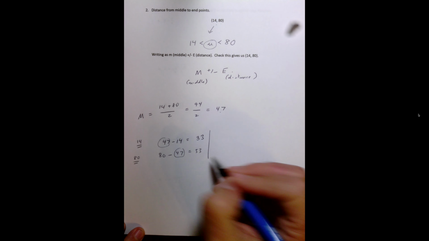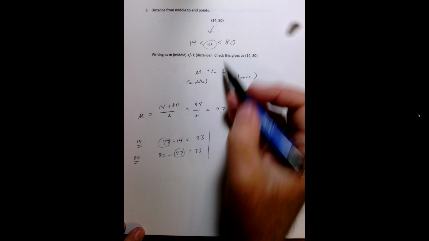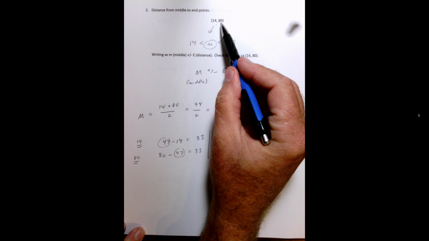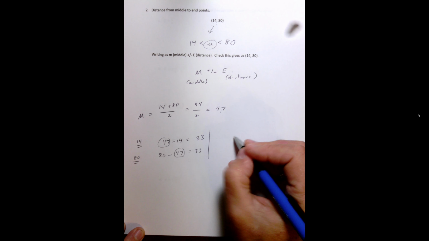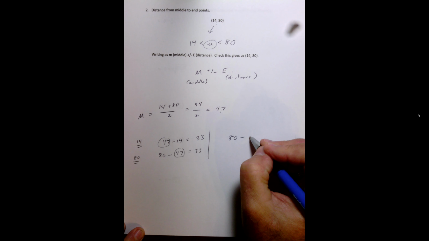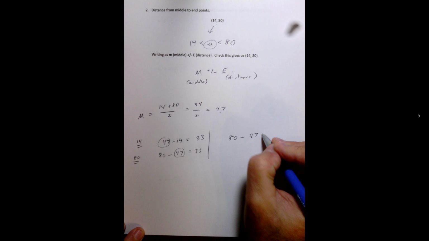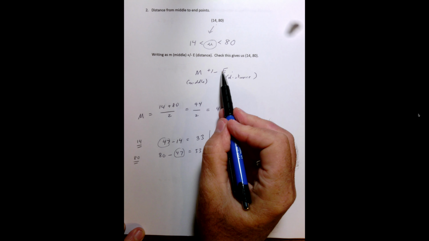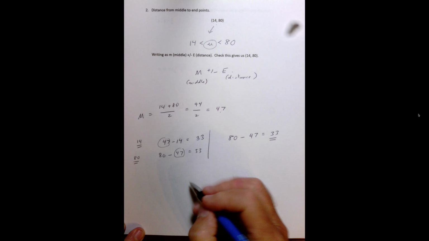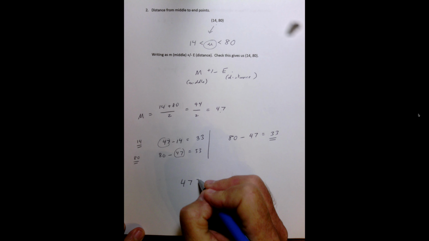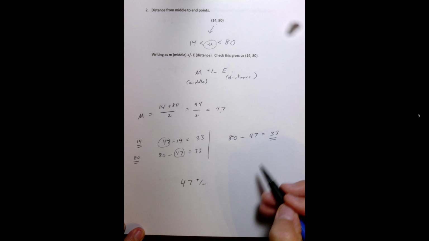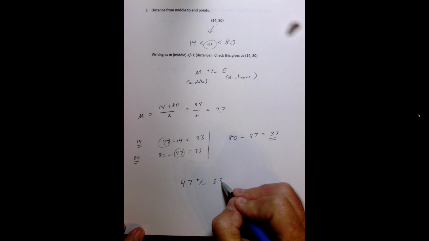So the point I'm trying to make here is really all you need to do is just take the high number, the 80, minus your middle, and you'll always get this E. So we can rewrite this as the middle plus or minus the E, which is 33.